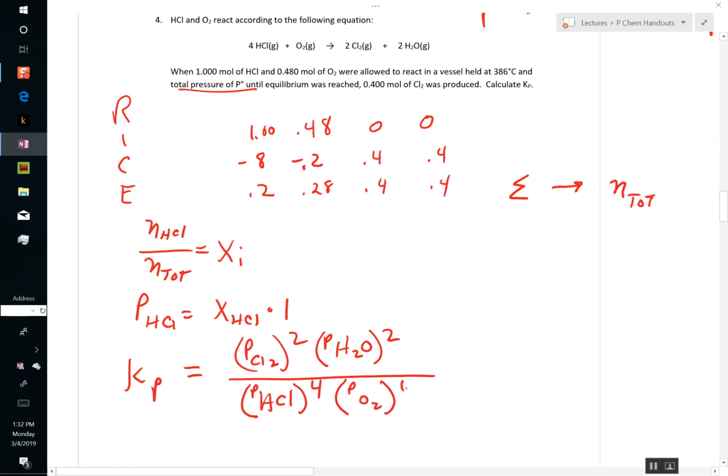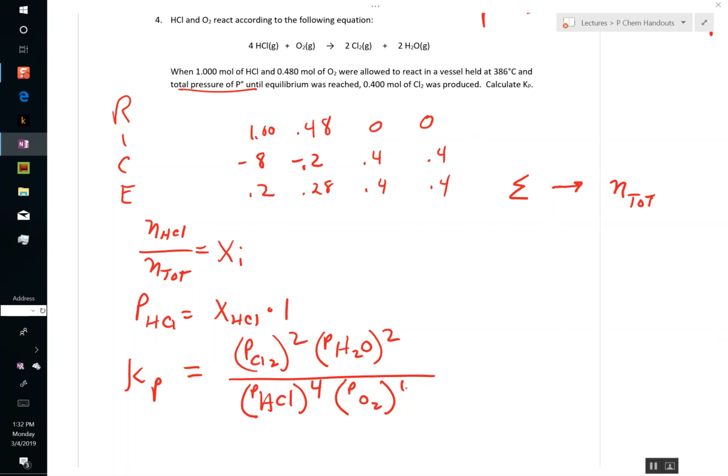And you can stop right there. There might be some discussion about whether that is a K, a Q, or a KP naught. KP naught would suggest it's at 298 degrees.